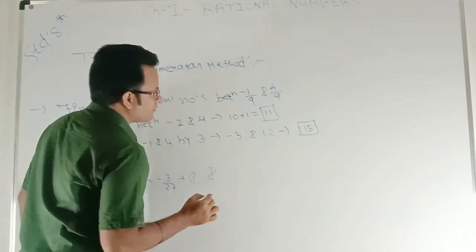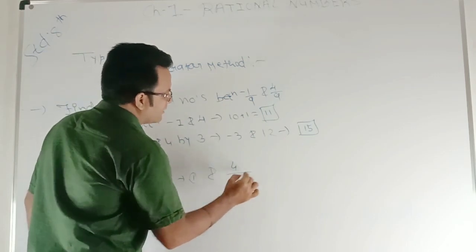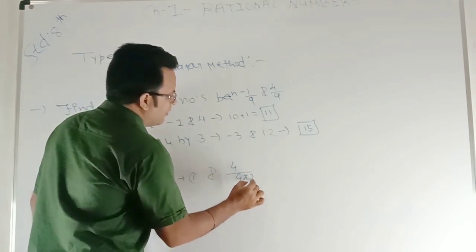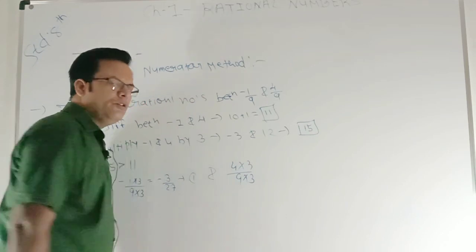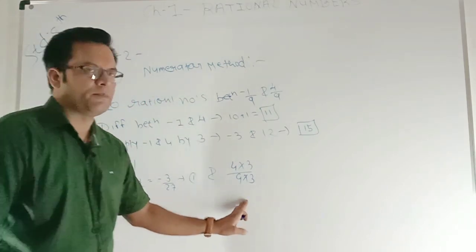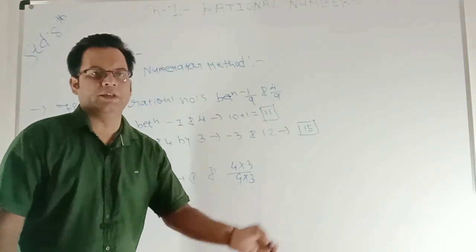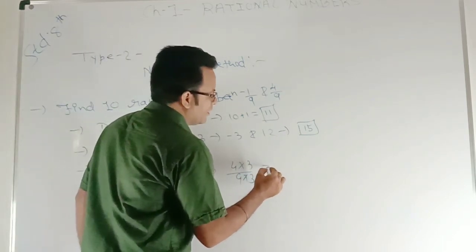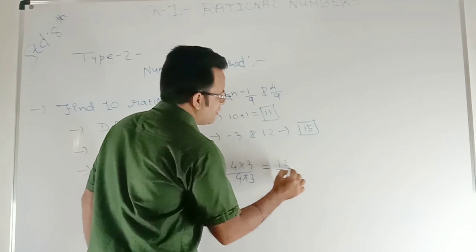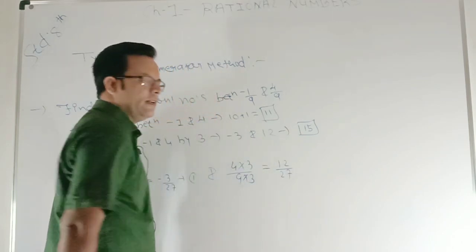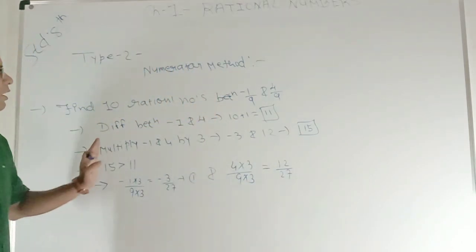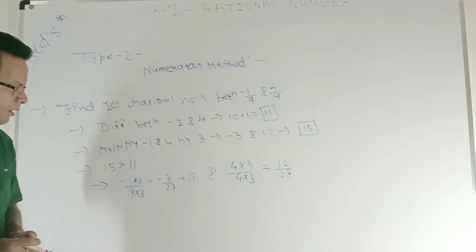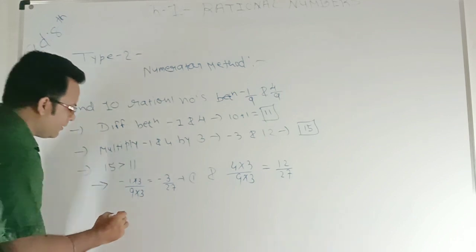Second one, you can see your next fraction is 4/9. And you know very well the number which is multiplied with the denominator has to be multiplied with the numerator. So here the fraction number 2 will be 12/27.